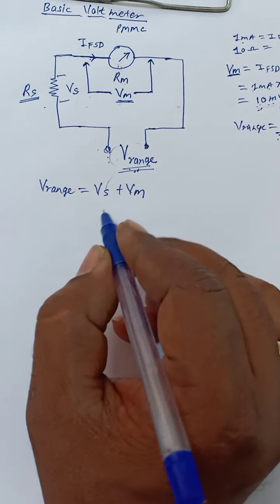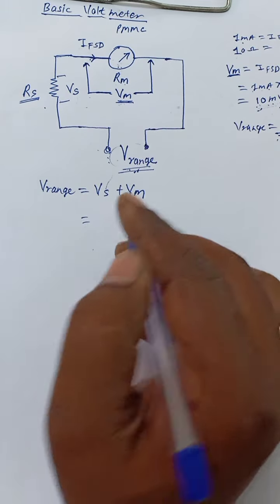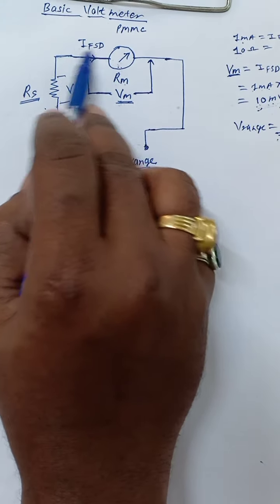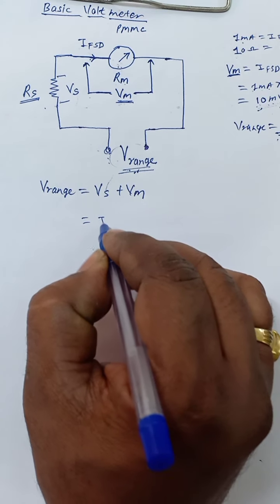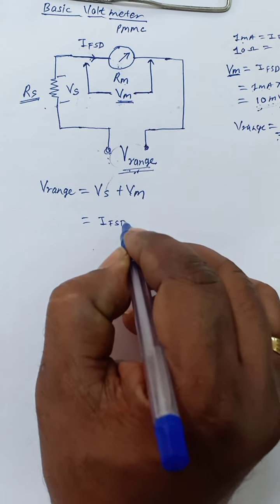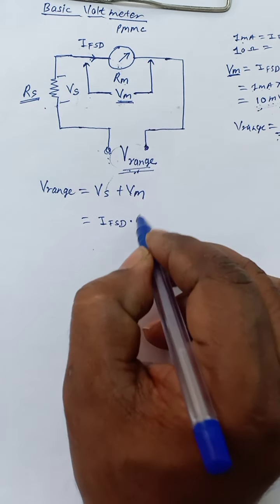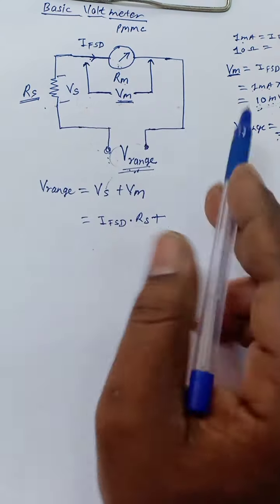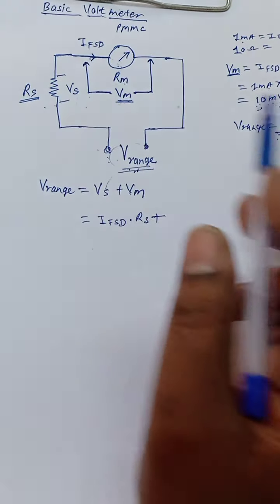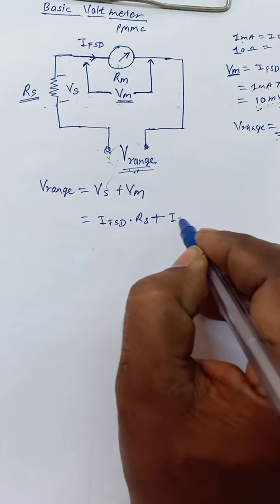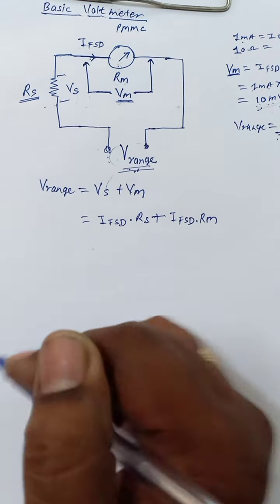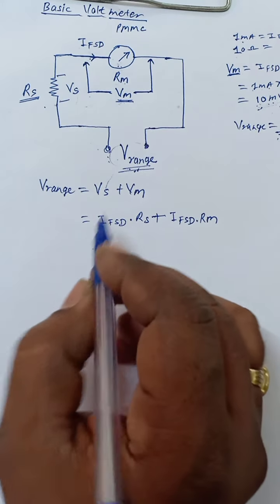So in that case we can write that the current through the RS is the same current through the meter, that is IFSD. So we can write IFSD into RS. The same IFSD current flows through the meter, and it has a resistance of Rm, so IFSD into Rm. Okay, so this is the equation.